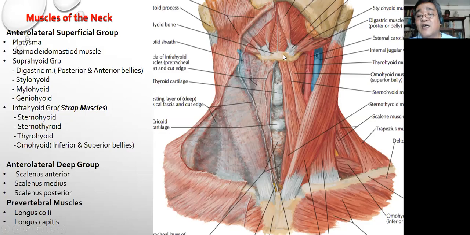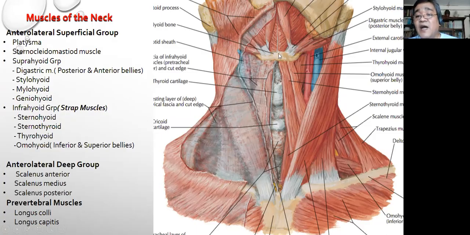Suprahyoid because they are attached to the superior border of your hyoid bone. This includes the digastric muscle, the stylohyoid muscle, this one, and the mylohyoid muscle, which forms the floor of the oral cavity.